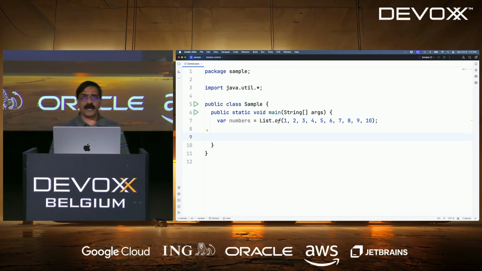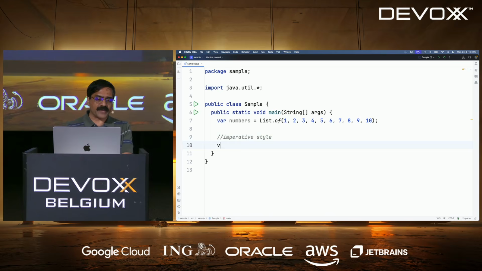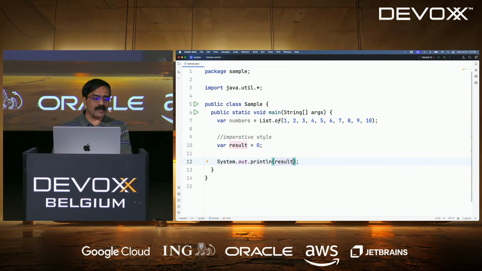So let's say we are interested in computing the total of double of all the even numbers. So you could use the imperative style, and you could write code like the following. You could say, for example, result is equal to 0. You can start with that. You can output the result in the very end when you're done with it.